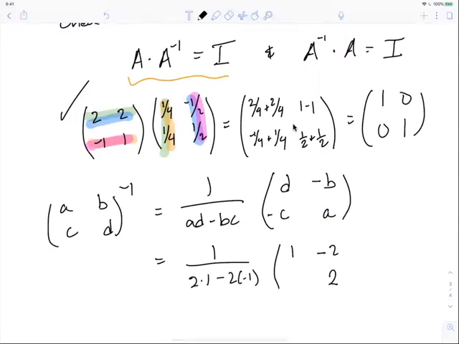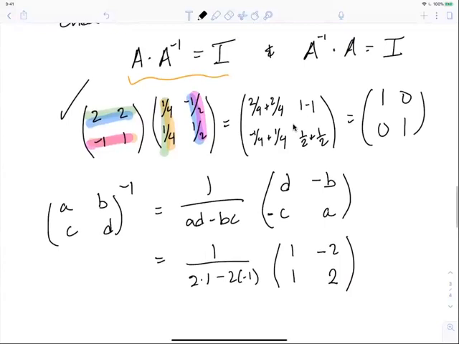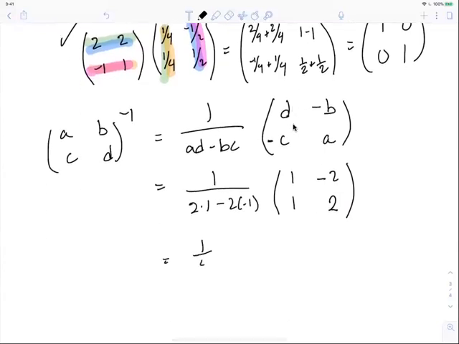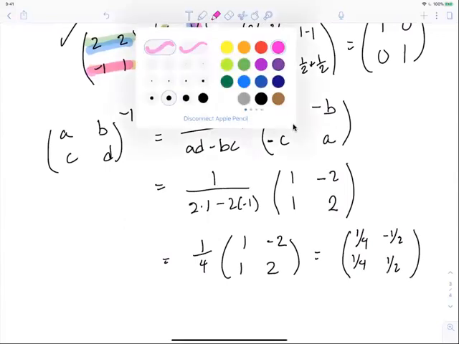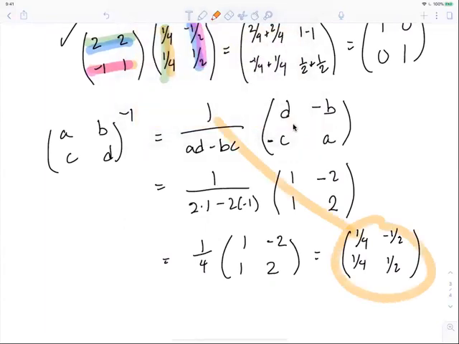This is a minus C, by the way. So this is 1/4 times 1, 1, minus 2, 2. And that's 1/4, 1/4, minus 1/2, 1/2. And sure enough, this matches what we got before. So that's two ways of checking it.